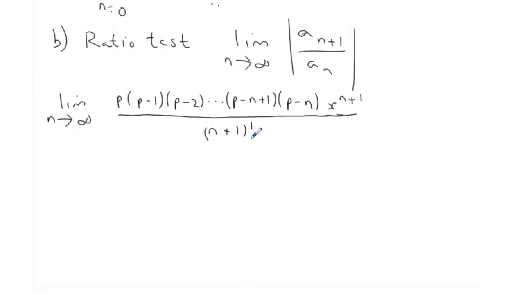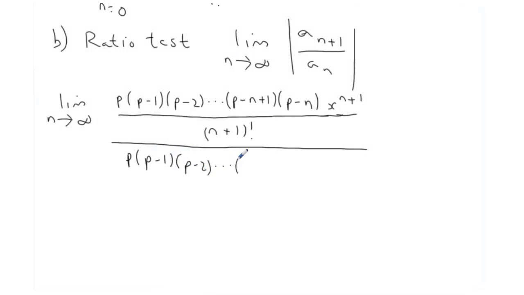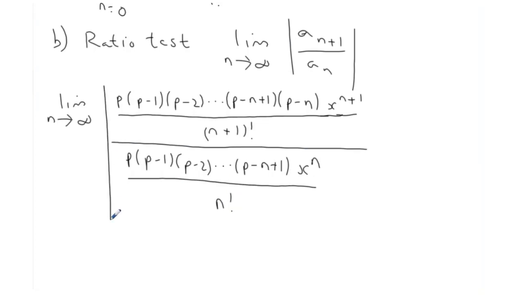So that is the a n plus 1 term, all over the a n term, which we already have, which is p minus 1, p minus 2, dot, dot, dot, p minus n plus 1. We stopped there, and it was x to the n over n factorial, and it's the absolute value of all of that.